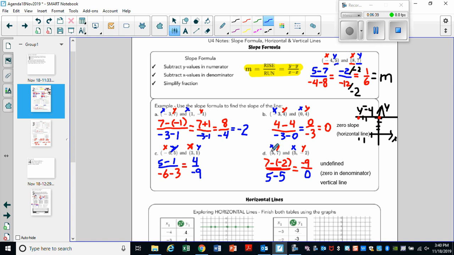Example D. This one's a little different than the other 3. Mainly because notice our x values are the same. Since we have the same x values, 5 and minus 5, that result is 0. Now, we are never allowed to have zeros in the denominator. Real quick, going to the numerator, we have that 7 minus negative 2.